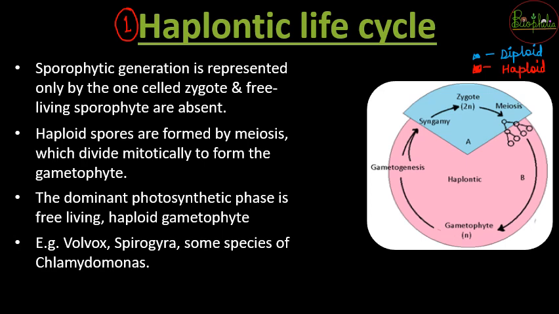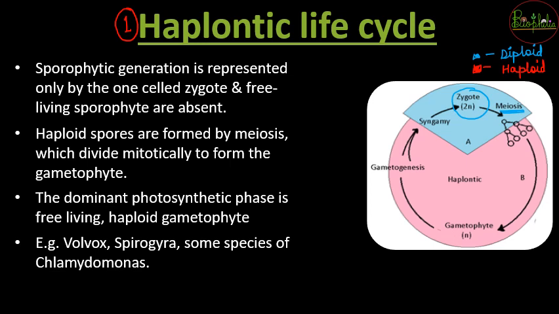The zygote is going to be formed, and as soon as the zygote is formed, meiosis will take place, that is, the diploid state will be converted into haploid, because of which the haploid phase is going to be for a larger period of time, while the diploid phase is for a small amount of time.